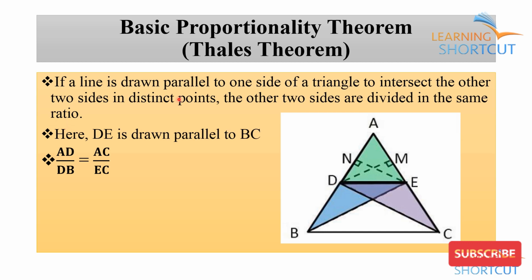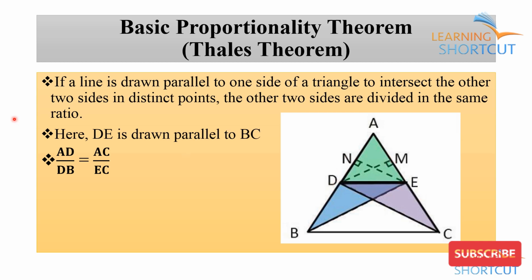Consider ABC as a triangle, and the line DE intersects the sides at distinct points D and E. The other two sides are divided in the same ratio.